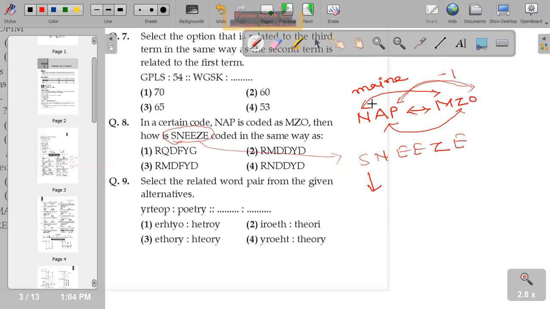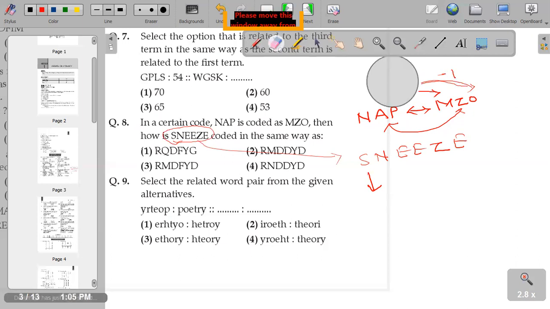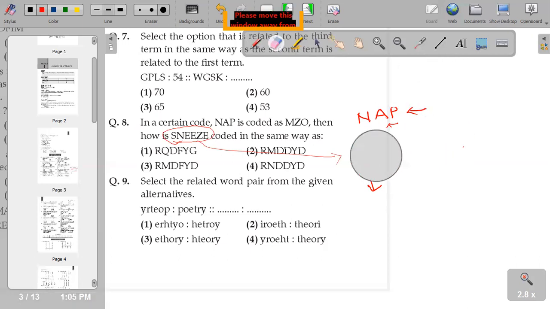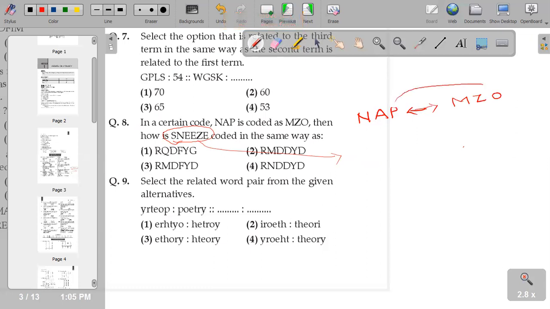The reverse of A is Z, and Z is the reverse of A. But in another way we can also think that it could be just less than 1. Initially in our mind two or three logics can come, but after some time we will reduce our logic to the exact one. So we are just subtracting 1.